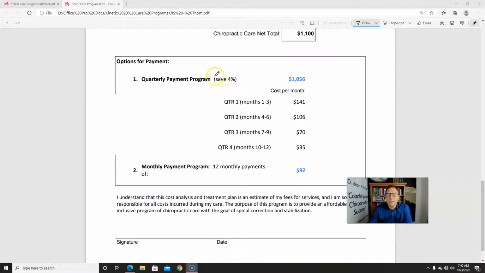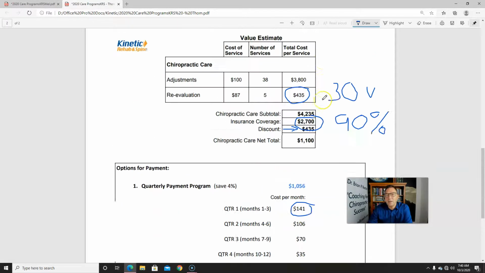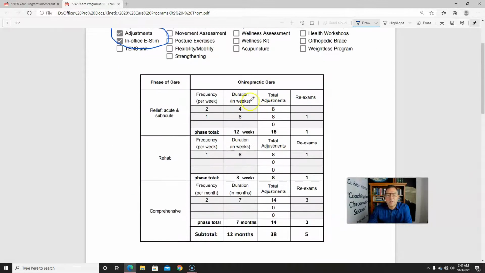So if we look at this, we have option 1, the quarterly program, which means the payments start off higher in the first 3 months, and then go down each of the 3 months. The reason we do this, in the majority of our practices, is that this is higher because if you look up here, they're coming in more frequently during that time, right?